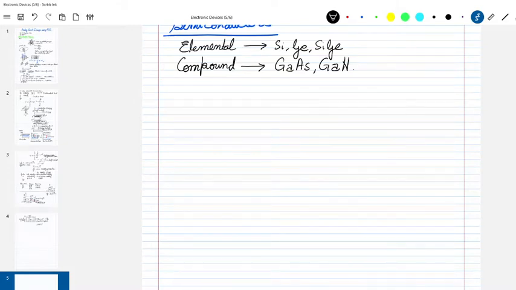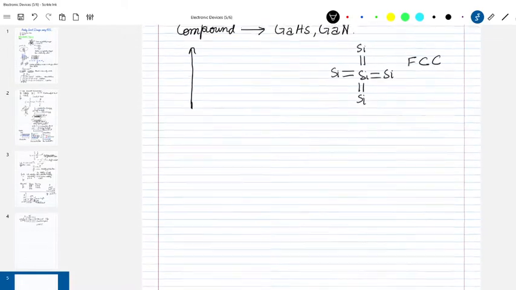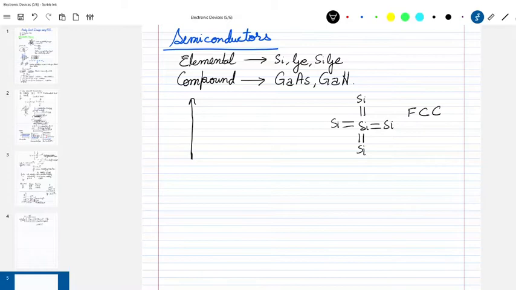Up till now we have seen that there is a covalent bond between silicon and other atoms. Now this is just a representation. In actual, this is going to be a face-centered cubic structure. So what is a face-centered cubic structure?